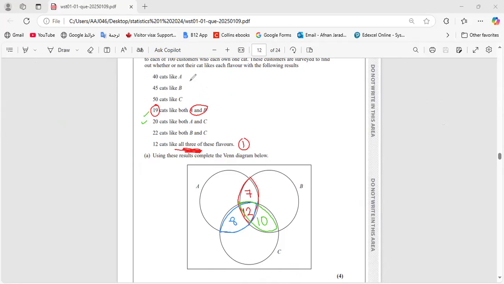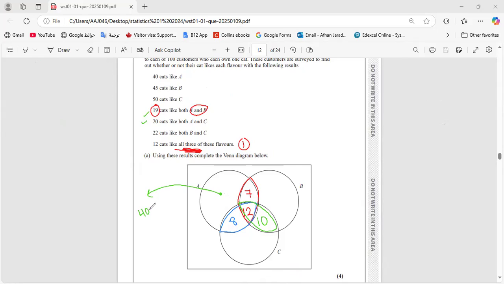Now go to A, B, and C. 40 cats like A. So you need the number of elements inside A to be 40. You have 7, 12, and 8. So inside all the circle of A, you need only 40.